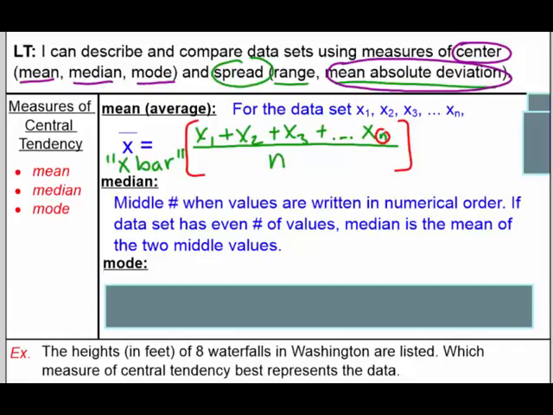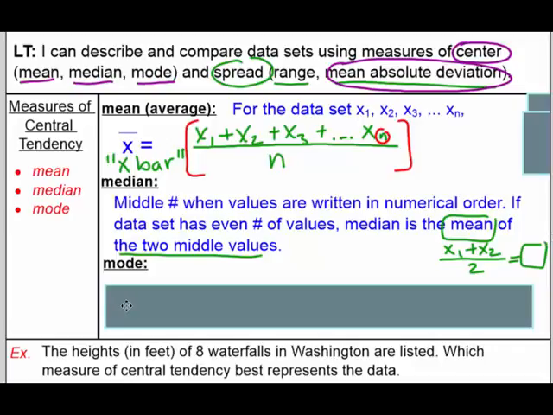But if you have an even set of numbers, you're going to have 2 middle numbers. You need to find the mean of the 2 middle values, so add them together and divide by 2. That will give you your median.